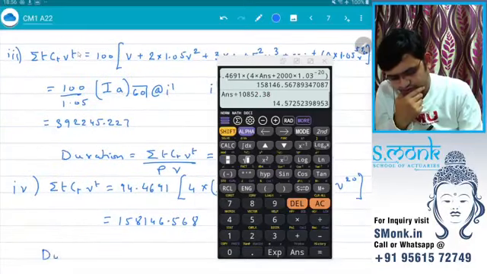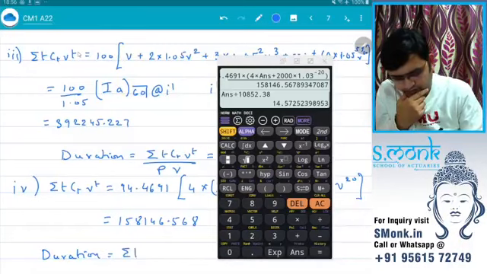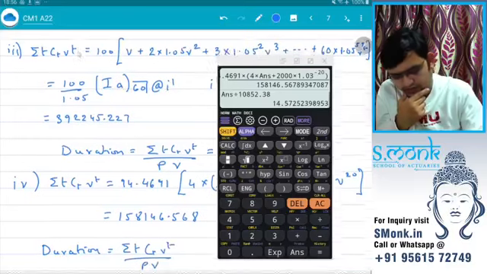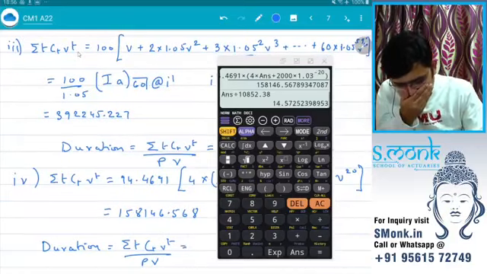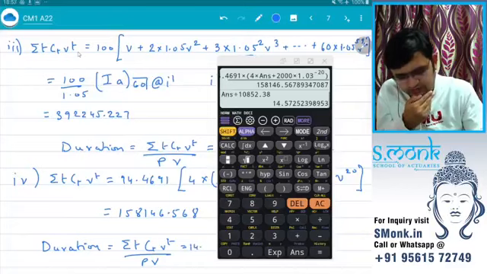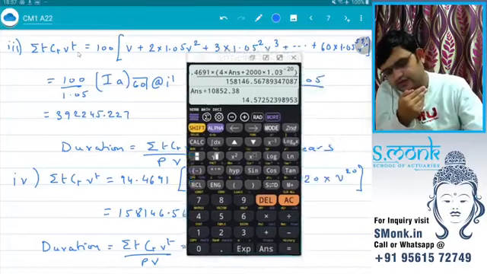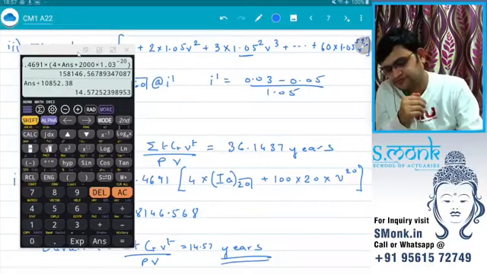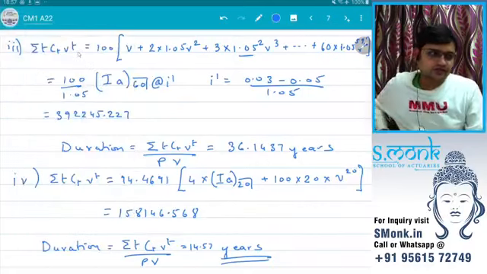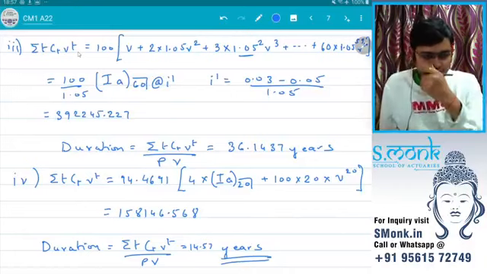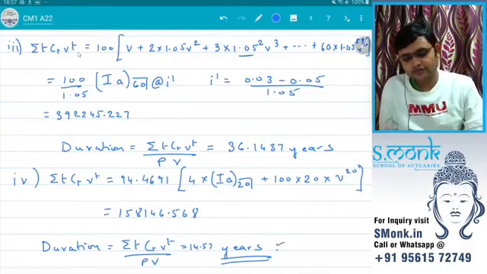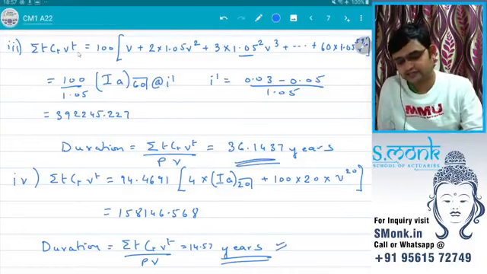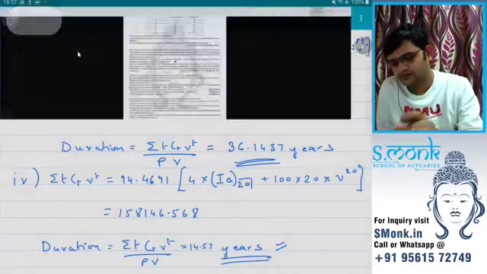So duration is summation t Ct v raised to t by present value, 14.57 years. Of course, because our assets were going only from time 0 to time 20, there was no way our duration would be as high as 36, right? It's not possible.